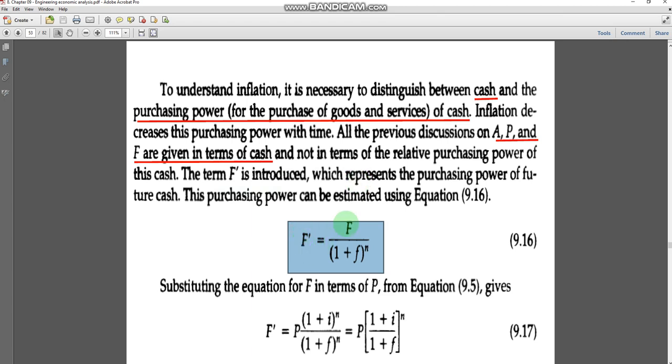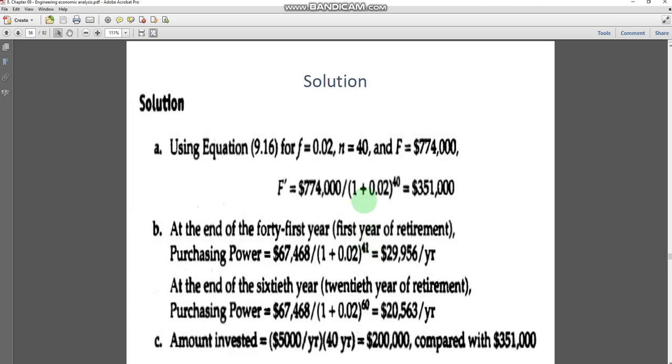The f that we have after 40 years was 774,000, the inflation is 2%, and the number of years is 40. So we put the values in this equation: $774,000, the final value, divided by 1 plus 0.02, the inflation, to the power 40, the number of years, which gives $351,000.